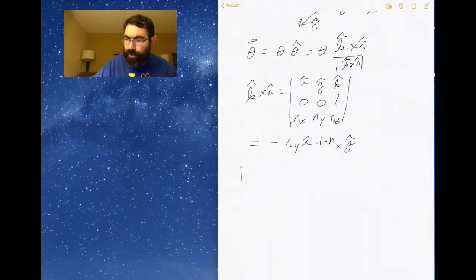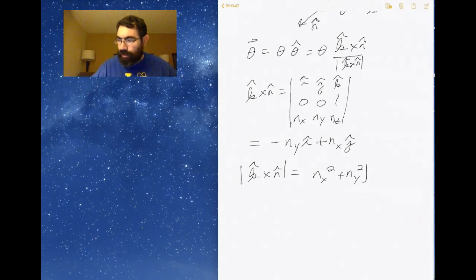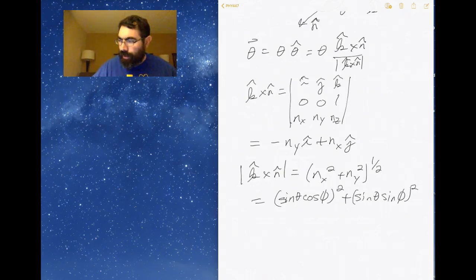The magnitude of k crossed into n is nx squared plus ny squared to the 1/2 power, which is sine theta cosine phi quantity squared plus sine theta sine phi quantity squared, square root.